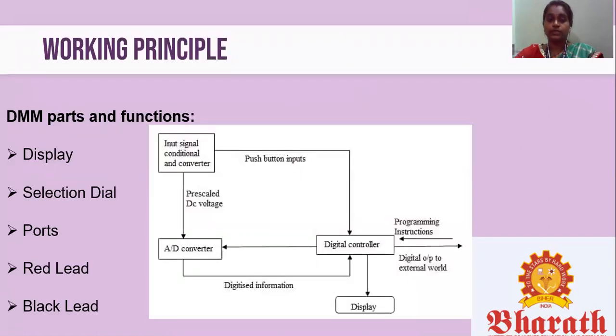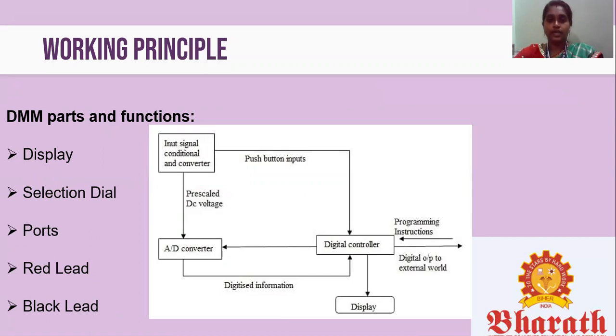Now coming to the working principle of this multimeter, this is the basic block diagram which has the input signal, analog to digital converter, a display unit and digital controller.